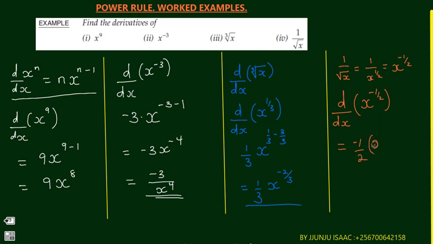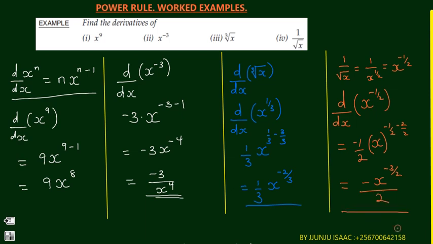Then where we have x, the power is negative a half, we again reduce it by 1. So negative 1 or negative 2 over 2, it is the same. So this will give us negative 3 over 2. So our answer will be negative x power negative 3 over 2, then divided by 2.